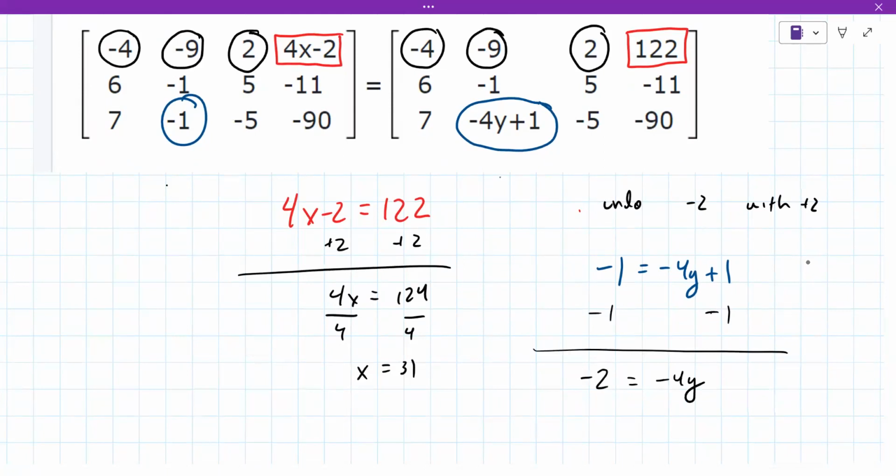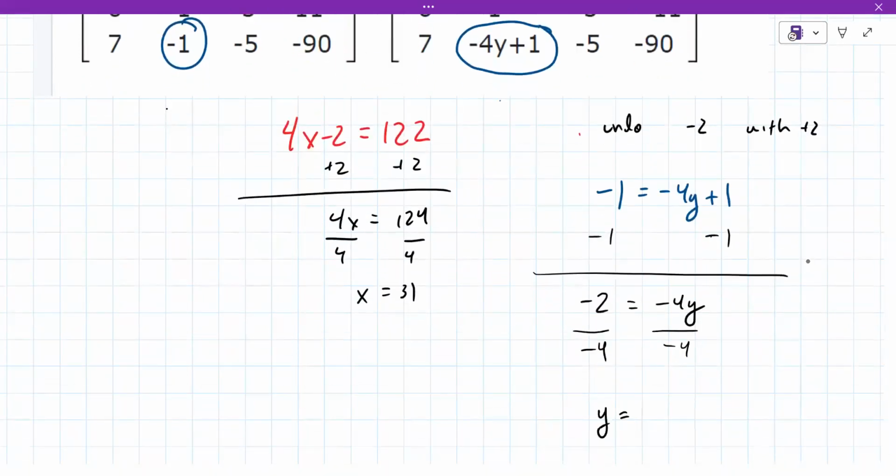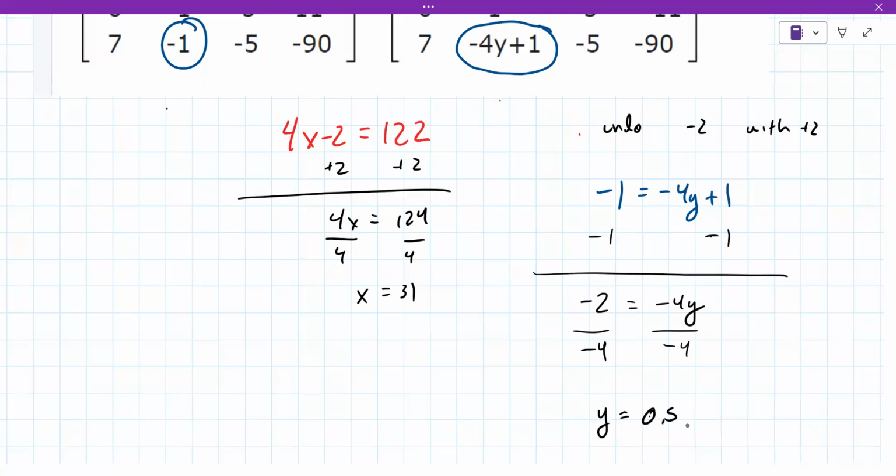Now if I divide that by -4, I would get 2. Try again. It's a fraction, smaller number on the top than the bottom. Oh yeah. That'd be 0.5. Yep. Very good.